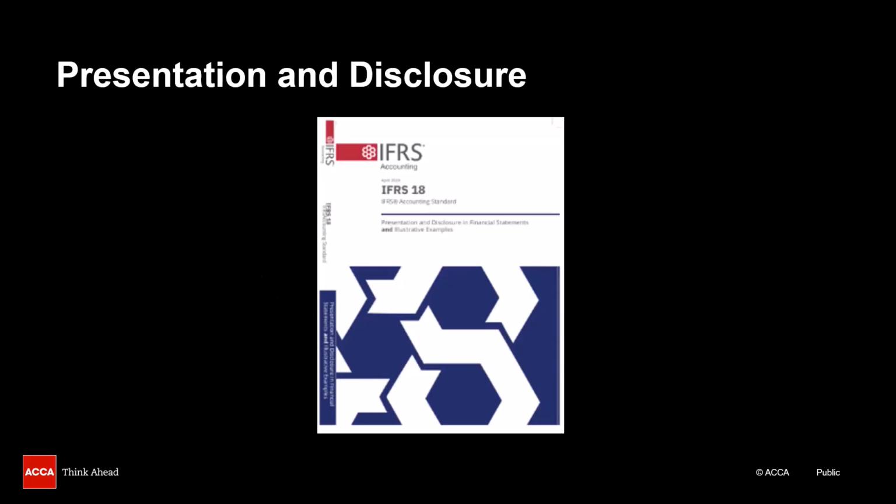Now let us examine how revenue and contract cost will be presented and disclosed. In an FR exam, you may be required to prepare a statement of profit or loss in which you categorize income and expenses correctly, or you may be required to identify within which category a specific item of income or expense is presented.